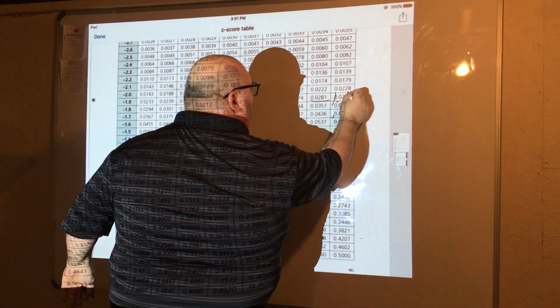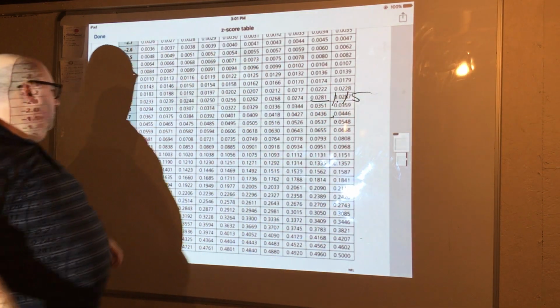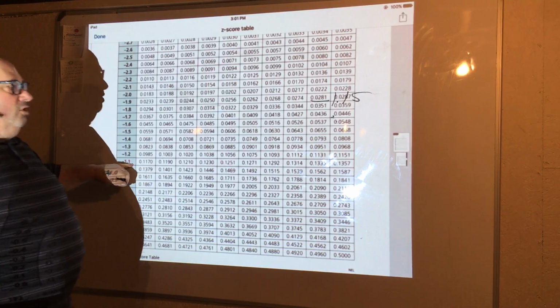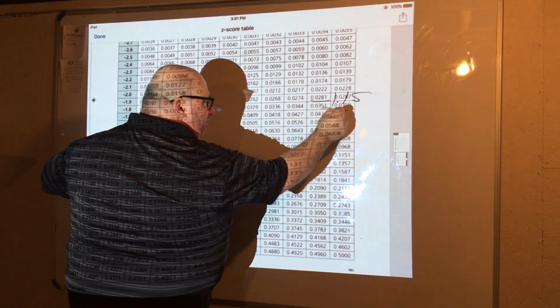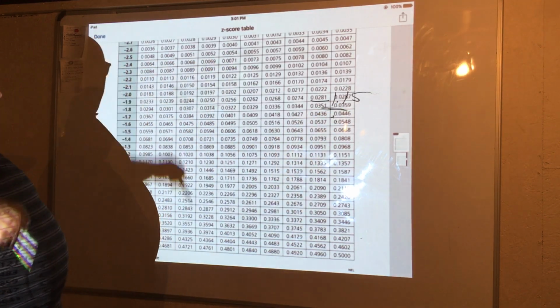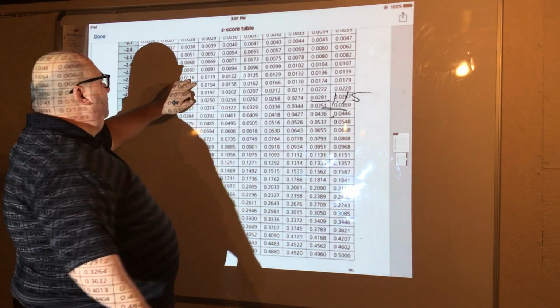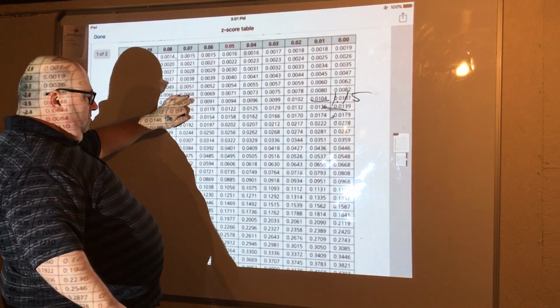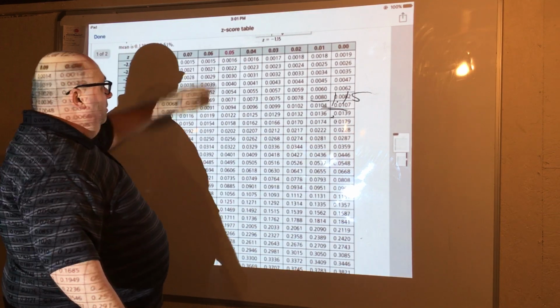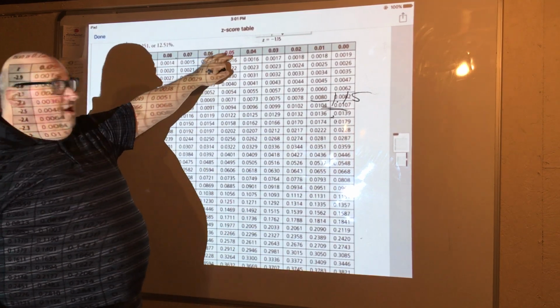So we go to negative 1.1, because that's the first part of this decimal. And then we come across until we get to our 0.05.